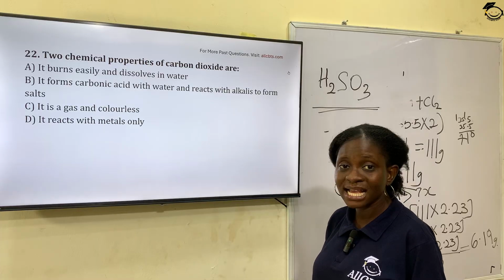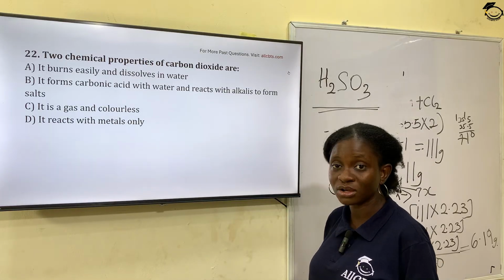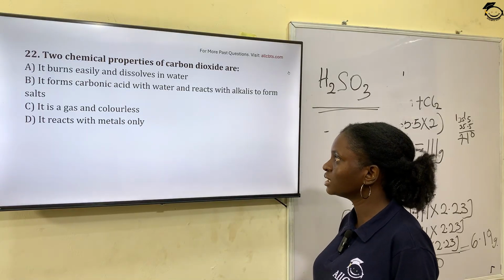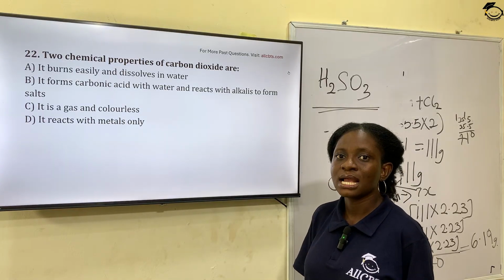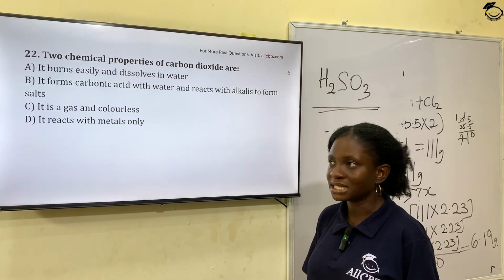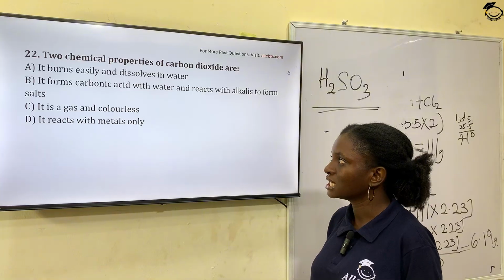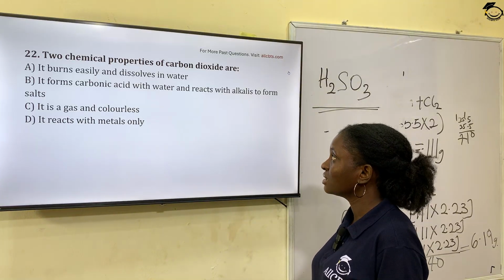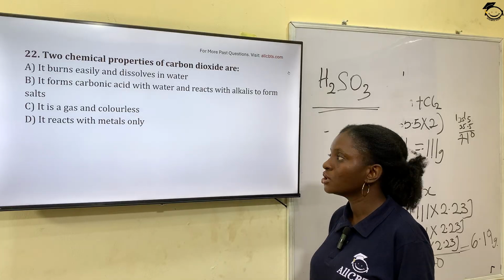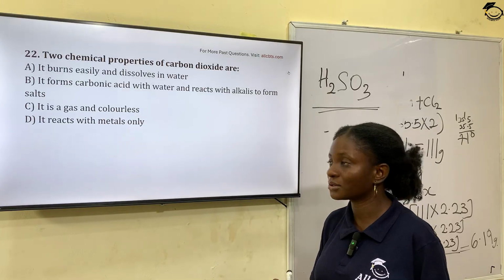C, it is a gas and it's colorless. D, it reacts with metal only. The only option that shows that a product is formed and a chemical reaction is taking place is option B. Option B is the correct answer.